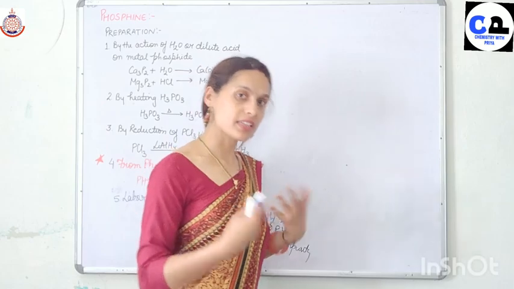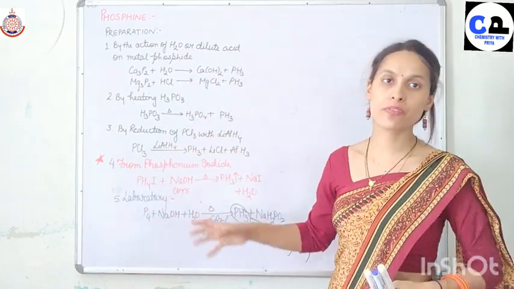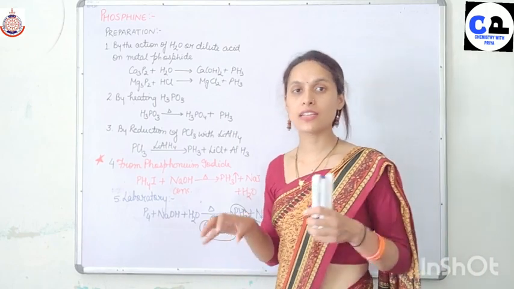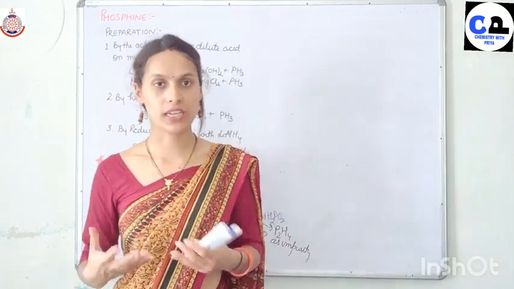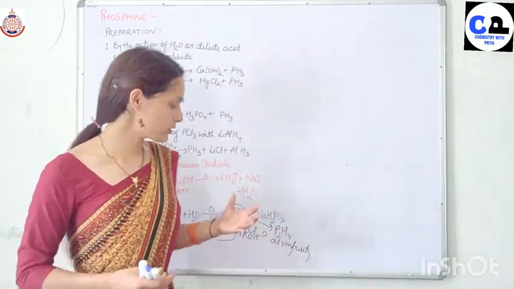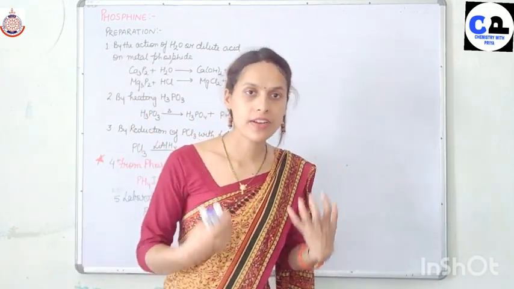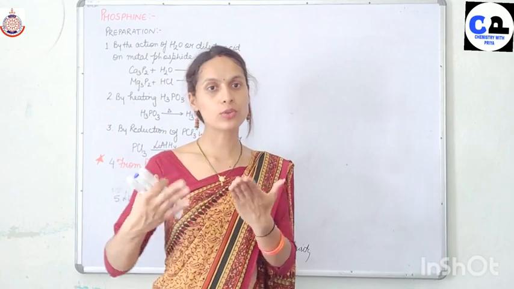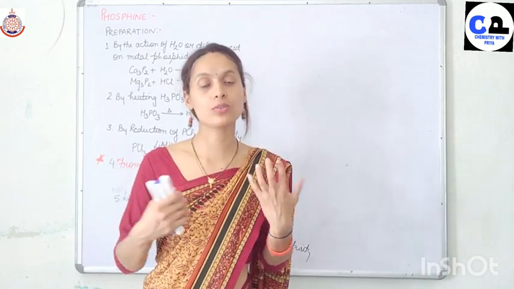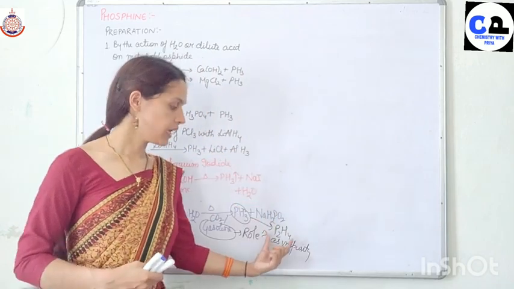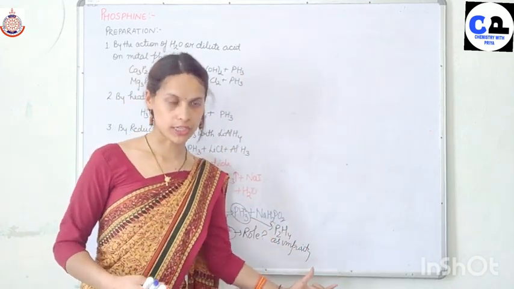Now we have other methods also for the purification of this gas. Besides gasoline, we have other methods for the purification of PH3. So what is the role of gasoline? Gasoline prevents PH3 from readily catching fire in the air because of the presence of P2H4 as an impurity.